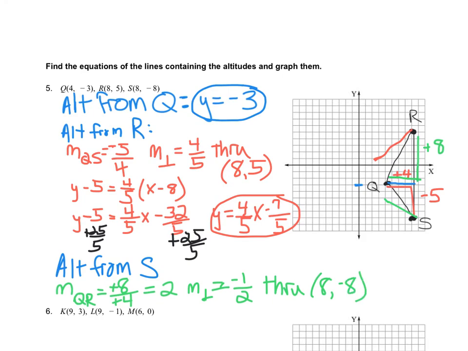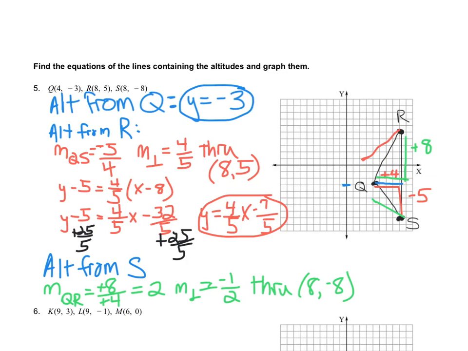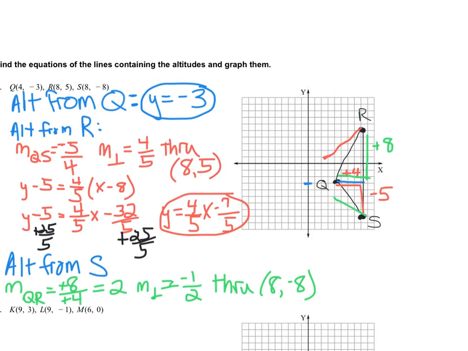And finishing out that work with point slope form, we would have y minus, now be careful here, the y coordinate is already negative, so this actually turns to plus 8, is going to equal the slope of the perpendicular that we found, negative 1/2, times x minus the x coordinate, which is positive 8.